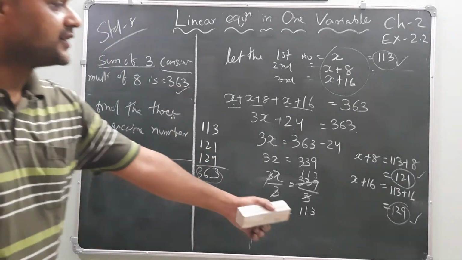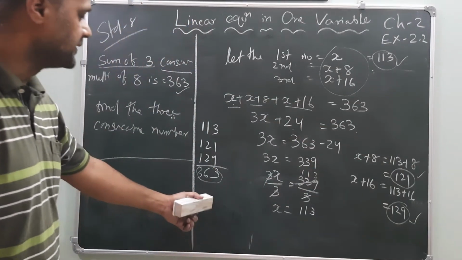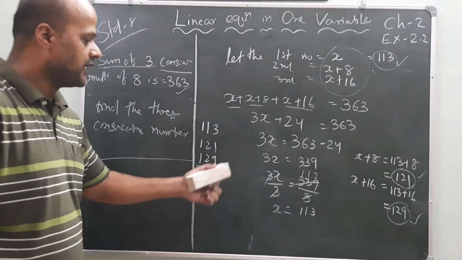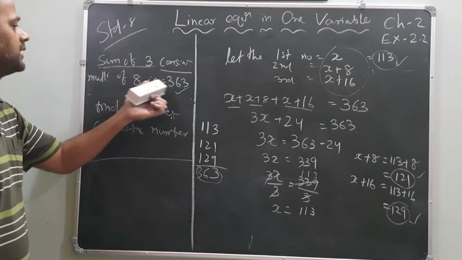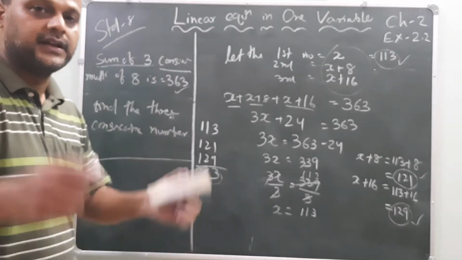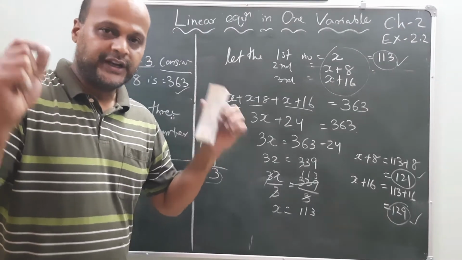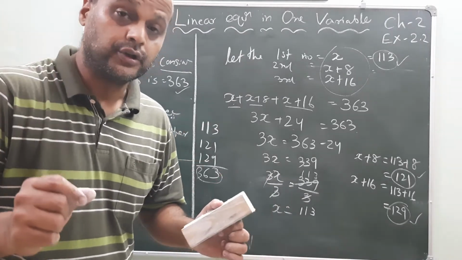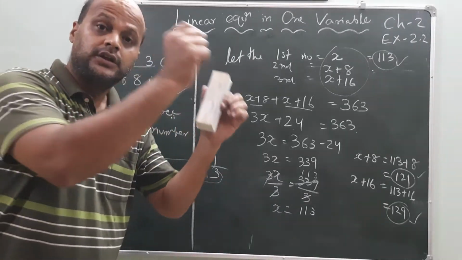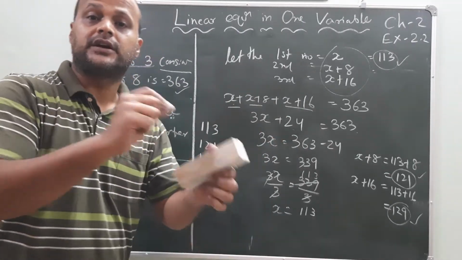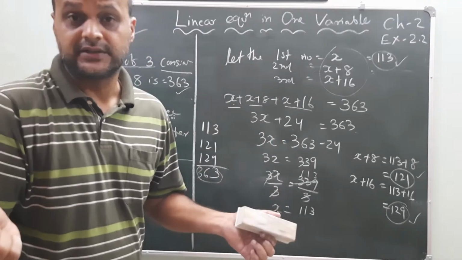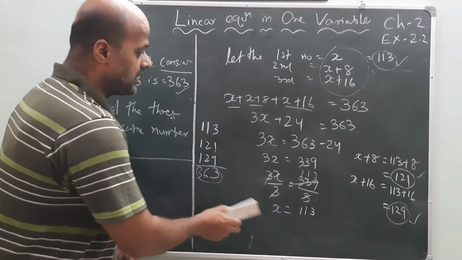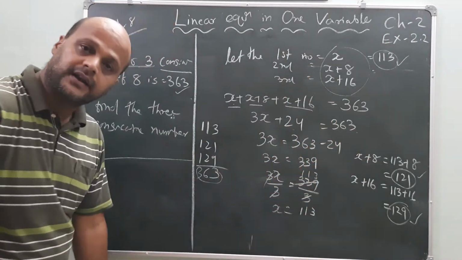Whatever the consecutive numbers are that came here, it is now verified that if you add these three numbers, we get the value 363. If you get the answer, first put that answer into the question, and if the results of the answer and the question are both the same, then I will say that my method is correct.